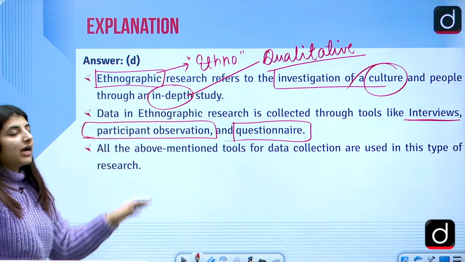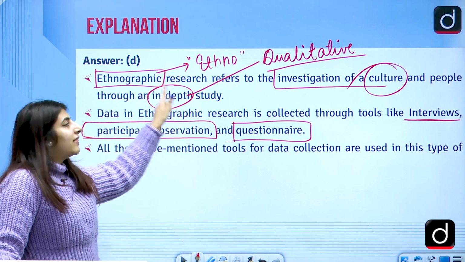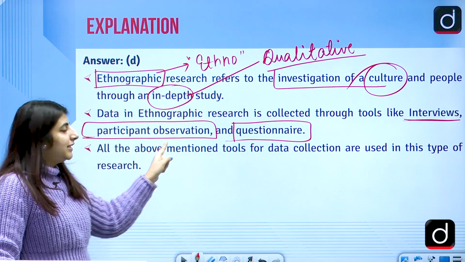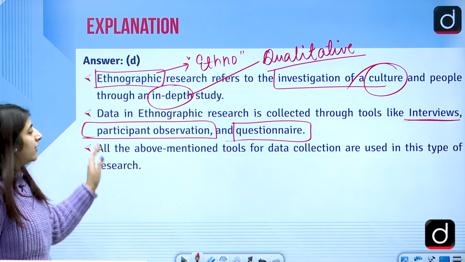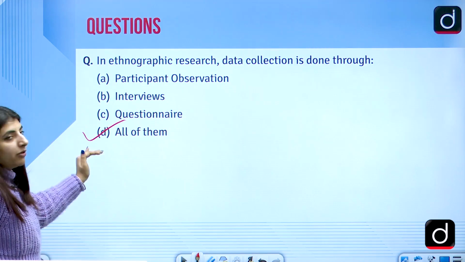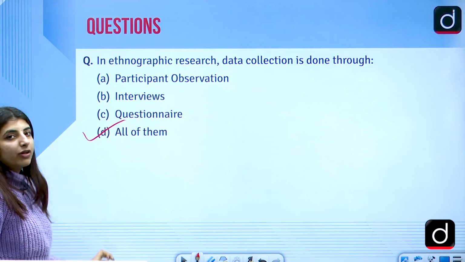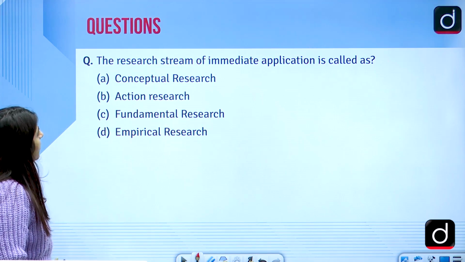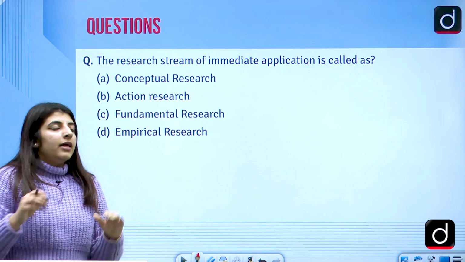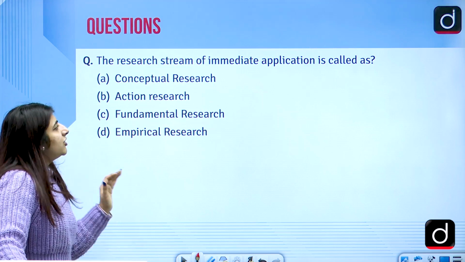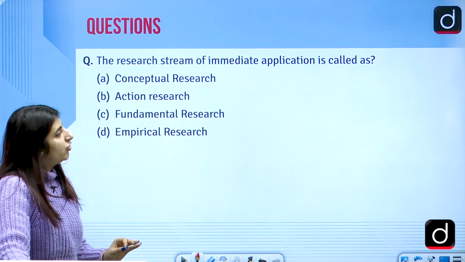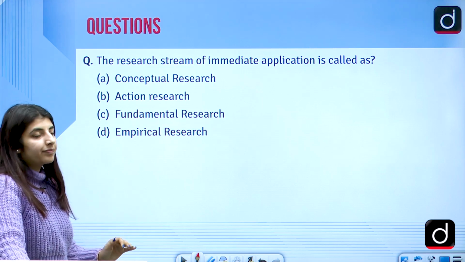These three tools are qualitative as well as they are used in ethnographic research. So all the three tools which we talked about here are the ones which can be used for data collection in ethnographic research.